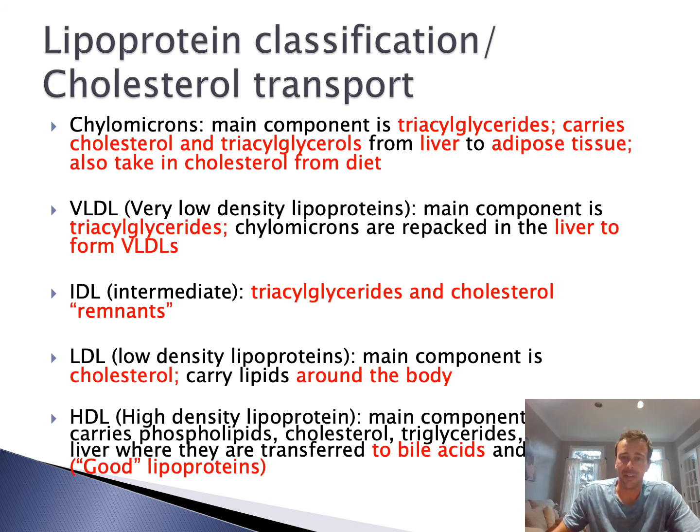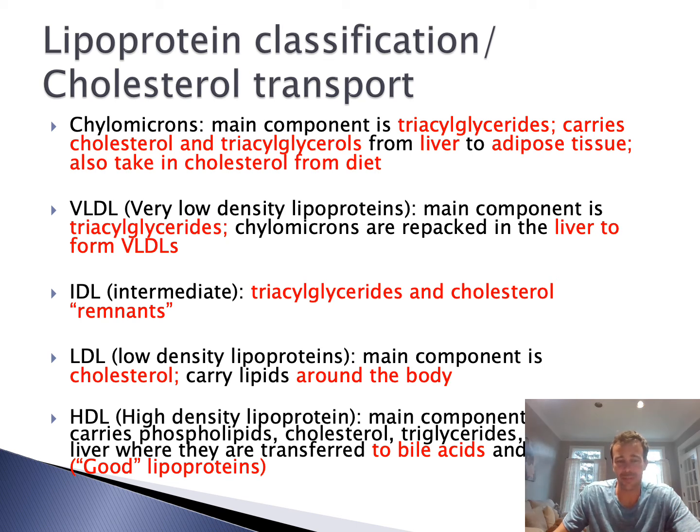So they are low in density since they mainly contain triacylglycerols. There's also things called very low density lipoproteins. The main component again is triacylglycerides. These are just a repacking of chylomicrons when they are repacked in the liver. So they are changed from chylomicrons to VLDLs when they are repacked in the liver.